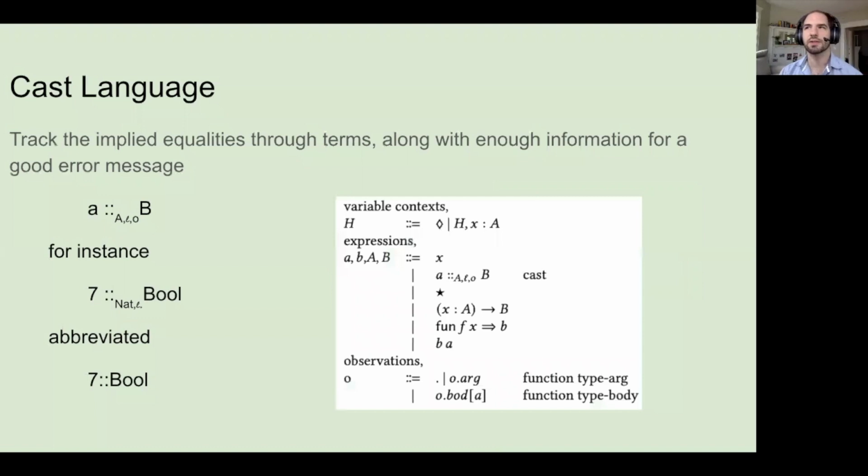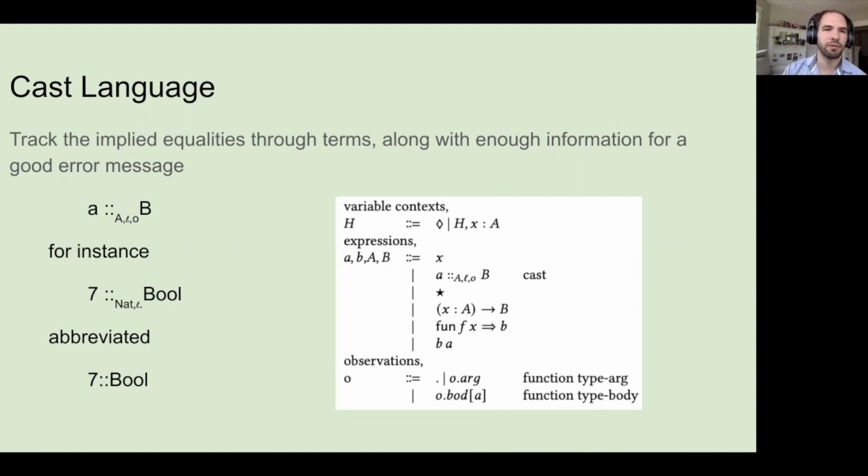So our cast language is almost exactly like the surface language, except all possible problematic things are drawn into one cast syntax that contains the underlying type, the location that asserted the two types are equal, an observation that evolves over the evaluation of a cast term, and the type that it thinks it's going to be.